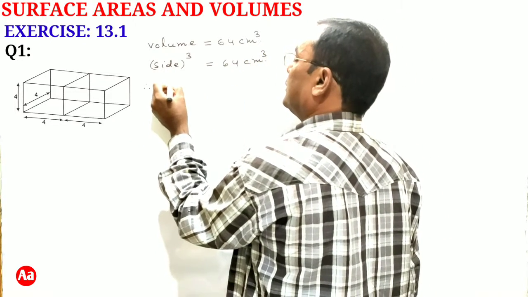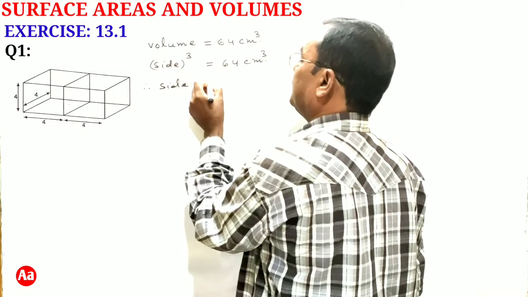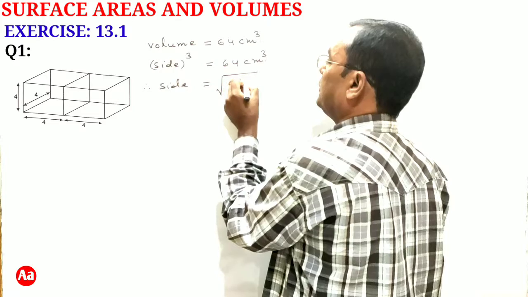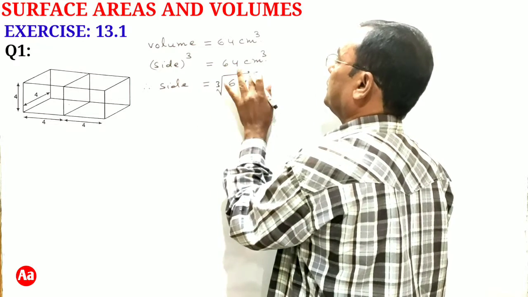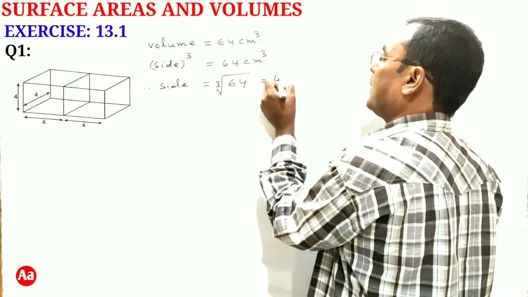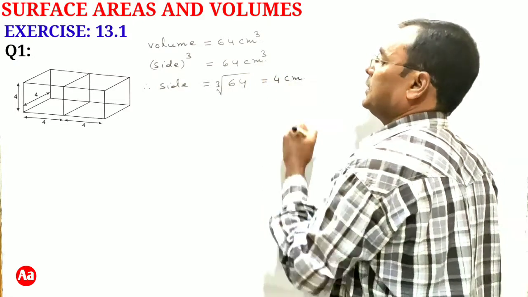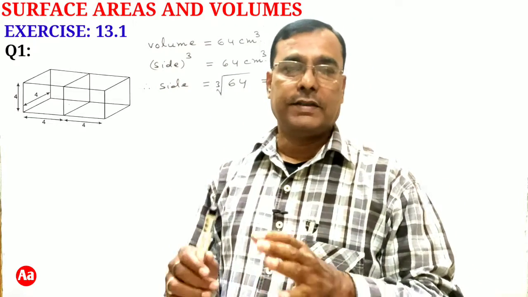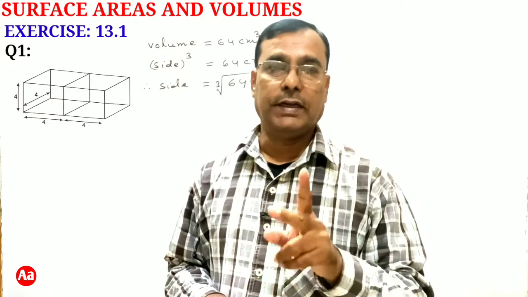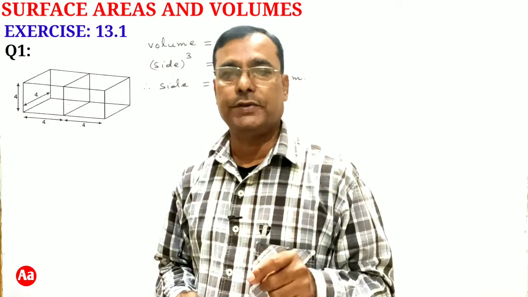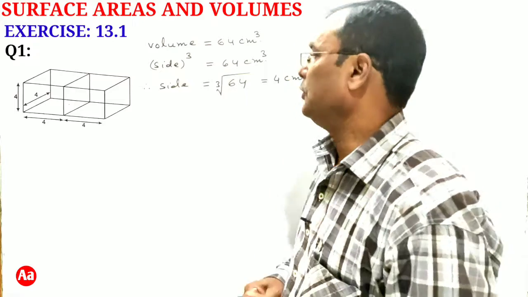Therefore, the side of the cube is cube root of 64, and cube root of 64 is 4 centimeter. So this way we have calculated the side of the cube. There are two cubes each of volume 64 centimeter cube.